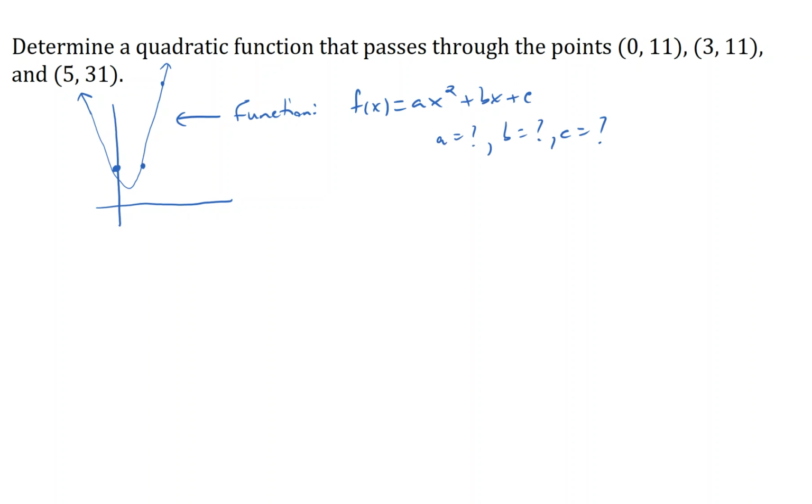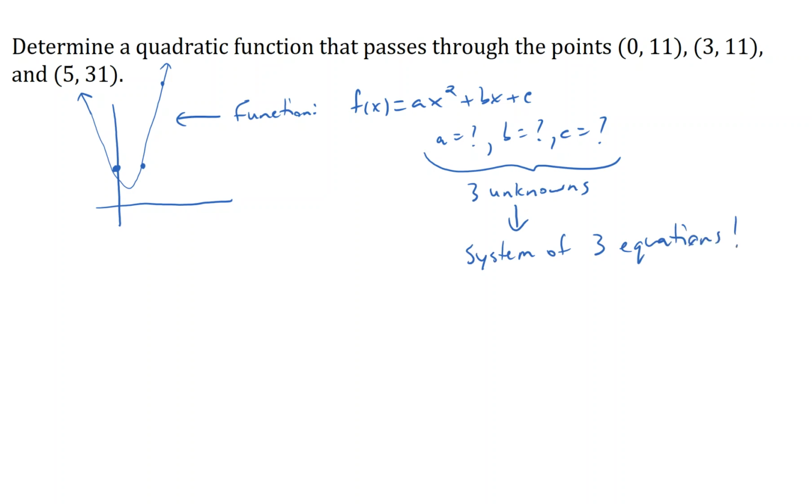Well, now we have 3 unknowns here. So when you have 3 unknowns, one way you can try to determine them is to use a system of 3 equations. And so that's precisely what we're going to do.